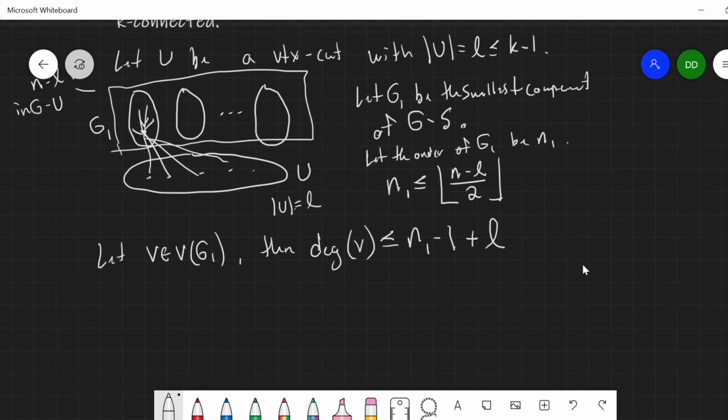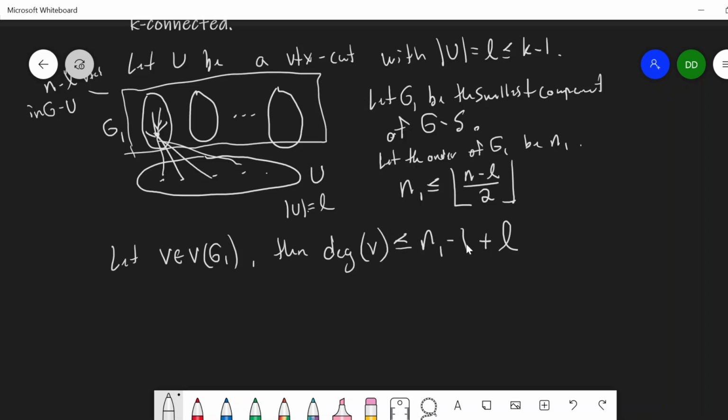Turns out this won't be enough. So let's see. N1 is at most N minus L over 2, so the degree is at most the floor of N minus L over 2, minus 1 plus L. Now L minus 1 is an integer, so I can bring this into the floor and find a common denominator, so this is 2L minus 2 all over 2.